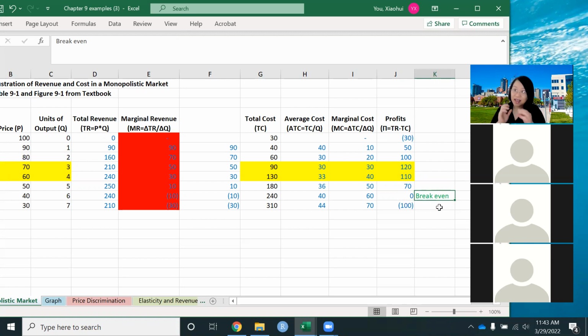That's an ideal position. Why? Because in perfect competition, there's no barrier to entry. So as long as a firm sees positive profit, it will enter into the market.